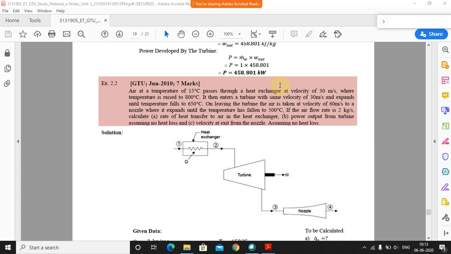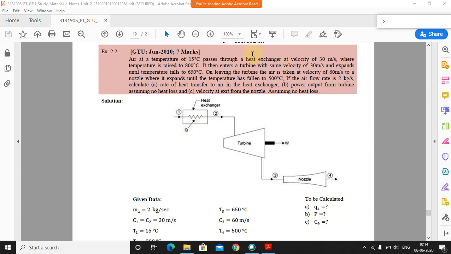The nozzle is given, so the velocity also has to be decreased over there. We'll try to figure out what is given in the problem, and find out all the data.